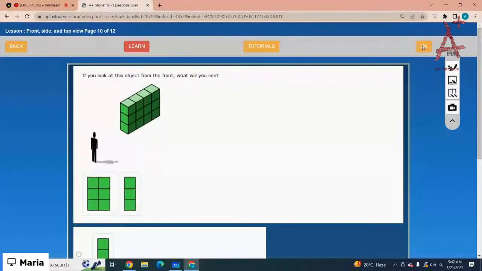If you look at the object from the front, what will you see? You will see this side. So option 1 is the correct option.